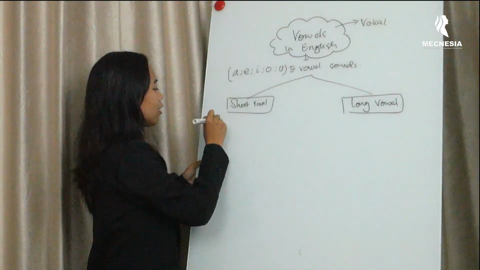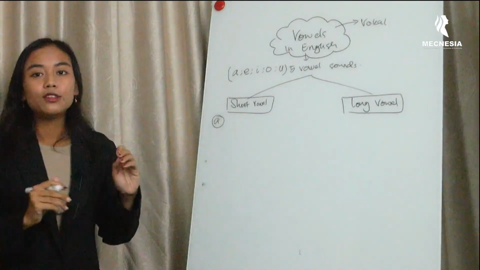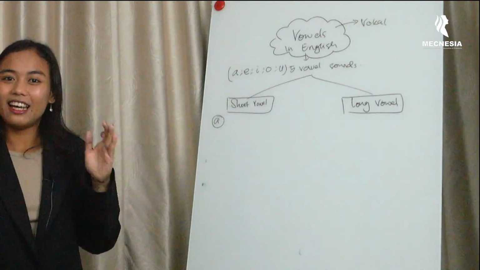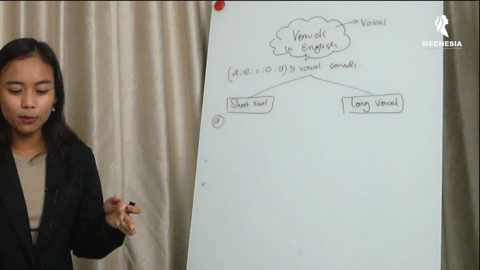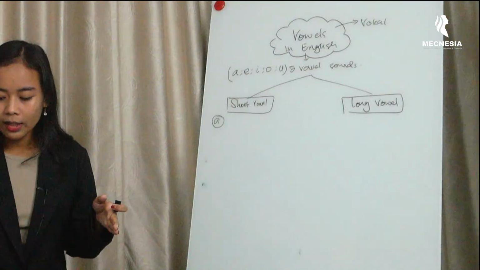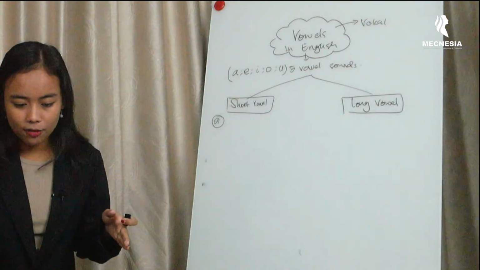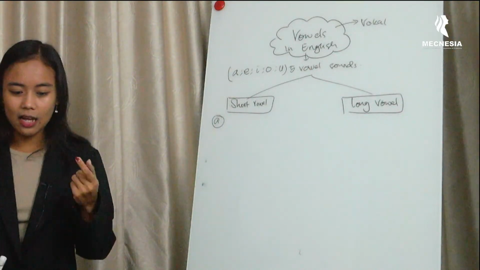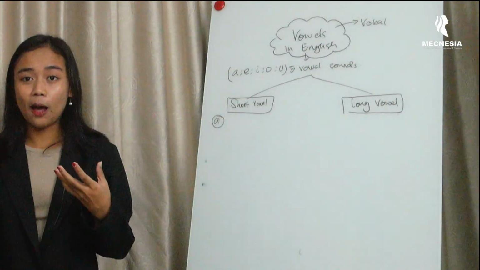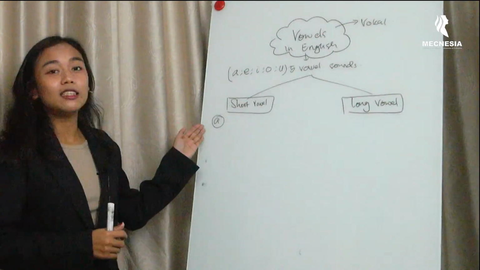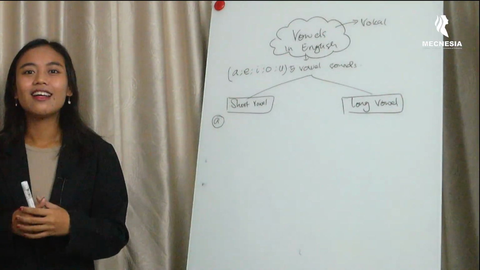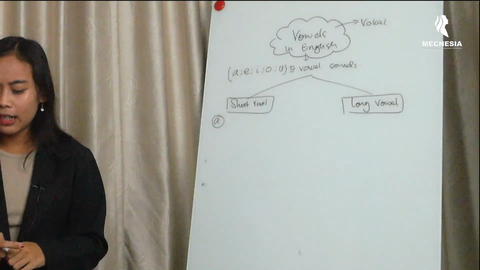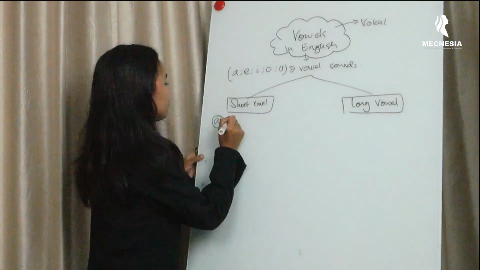So, short A, seperti yang bisa kalian baca di modul kalian. So, the short A vowel, bunyi huruf A pendek adalah A pendek. So, like in the word hat, we pronounce it.